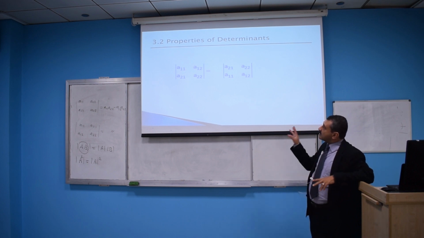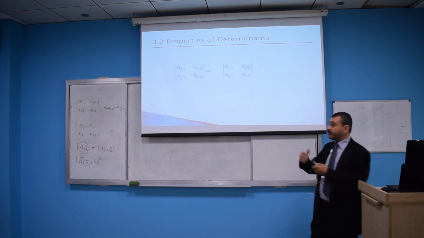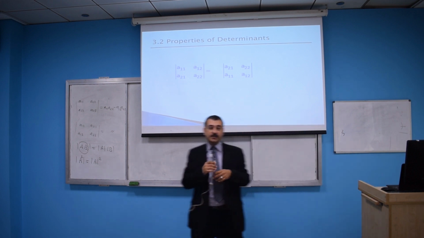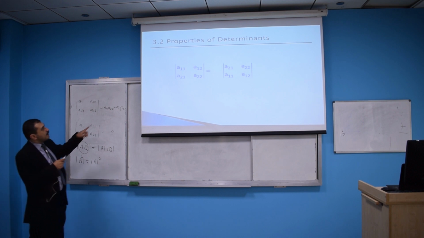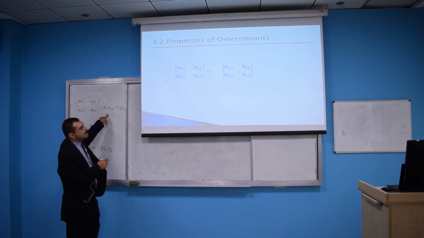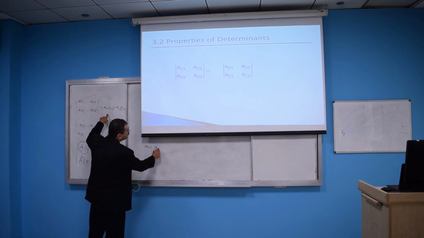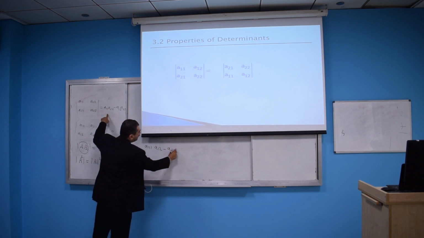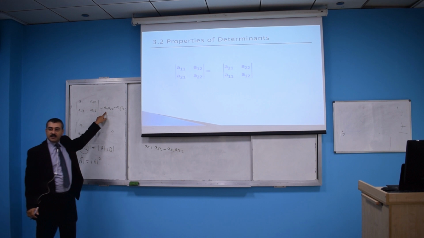What did I actually do in the second determinant? We have interchanged the rows, right? What about the value of each one? The first one is this. What about the second one? You will get A21 A12 minus A11 A22, which is the negative of the first.